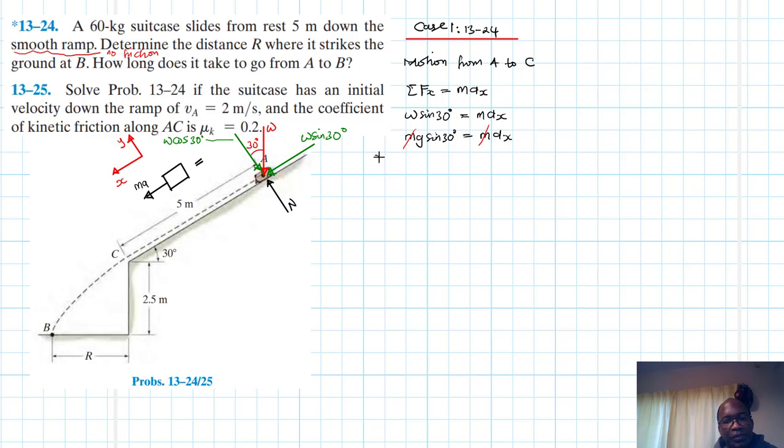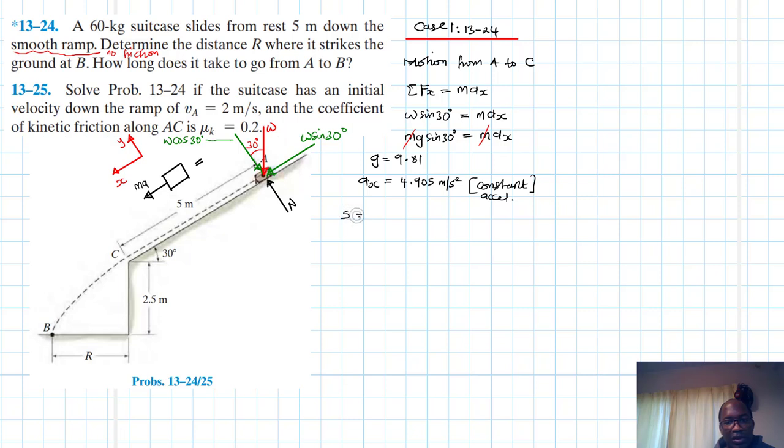Our g is equal to 9.81. Therefore, ax is equal to 9.81 times sine 30, which becomes 4.905 meters per second squared. This is constant acceleration, because it's dependent just on the acceleration due to gravity. And if it is constant, we can use the equations where acceleration is constant.